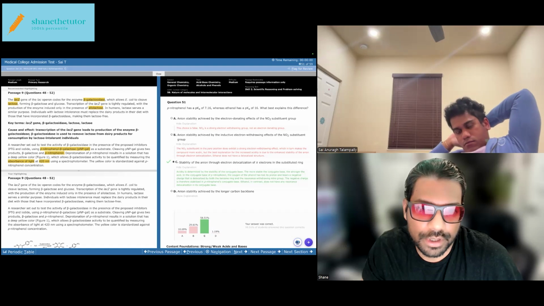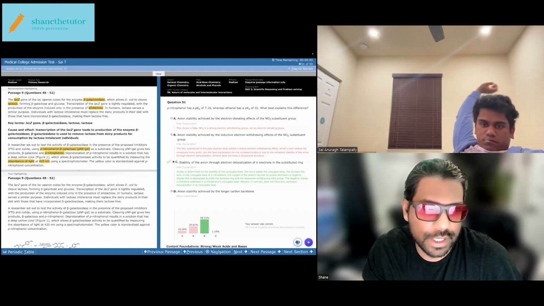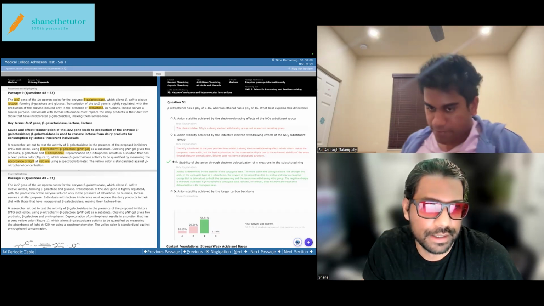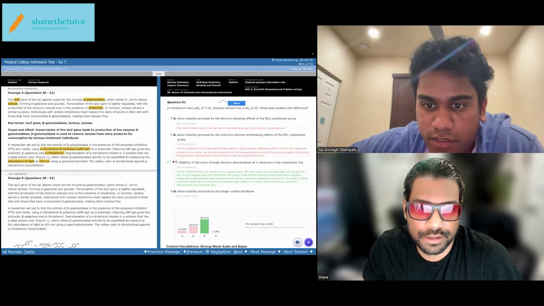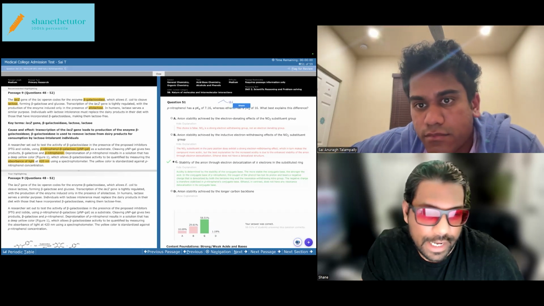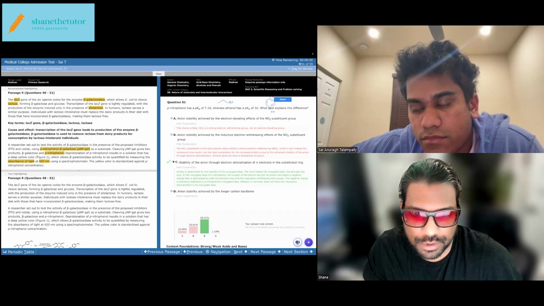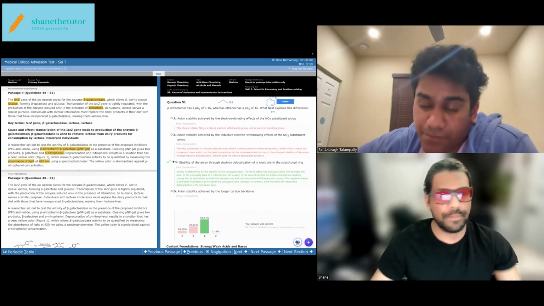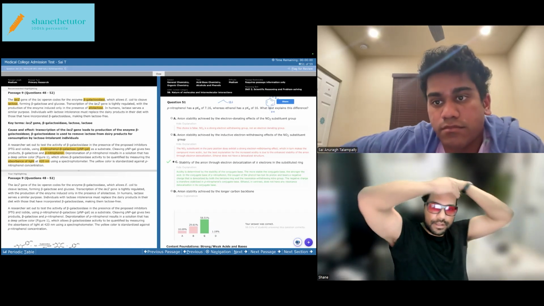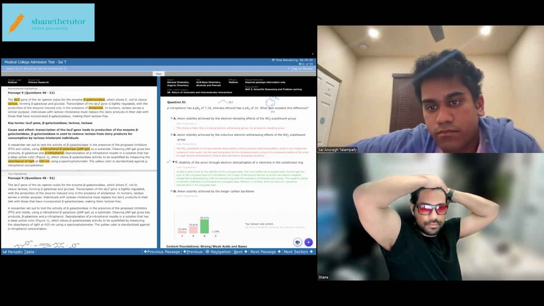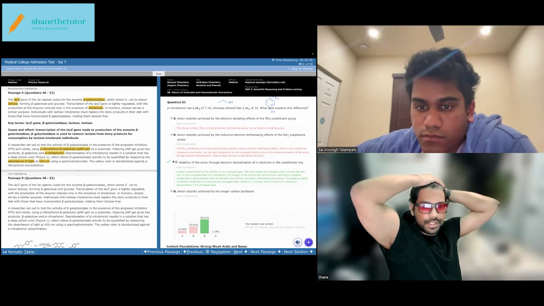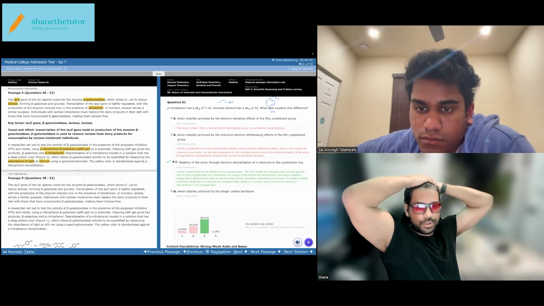Okay, so ethanol, we know what that looks like, right? An OH group and two carbons. And then nitrophenol has a benzene and an OH, and then maybe an NO2. So A is talking about NO2 as an electron donor.